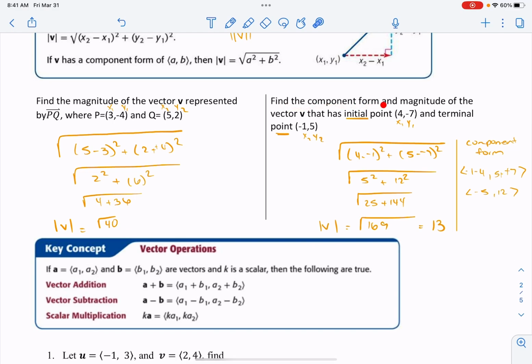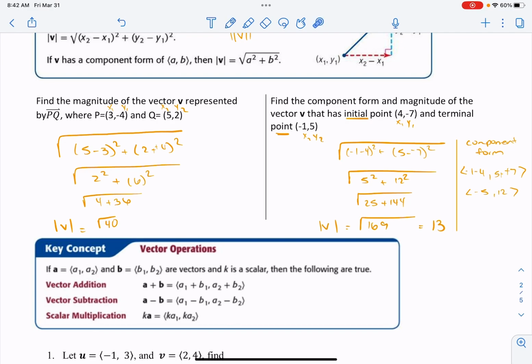It says find the component form and magnitude of the vector v that has an initial point and a terminal point. So I'm going to find the magnitude here. Just to keep it consistent, it's going to be our head minus our tail squared plus our head minus our tail squared.